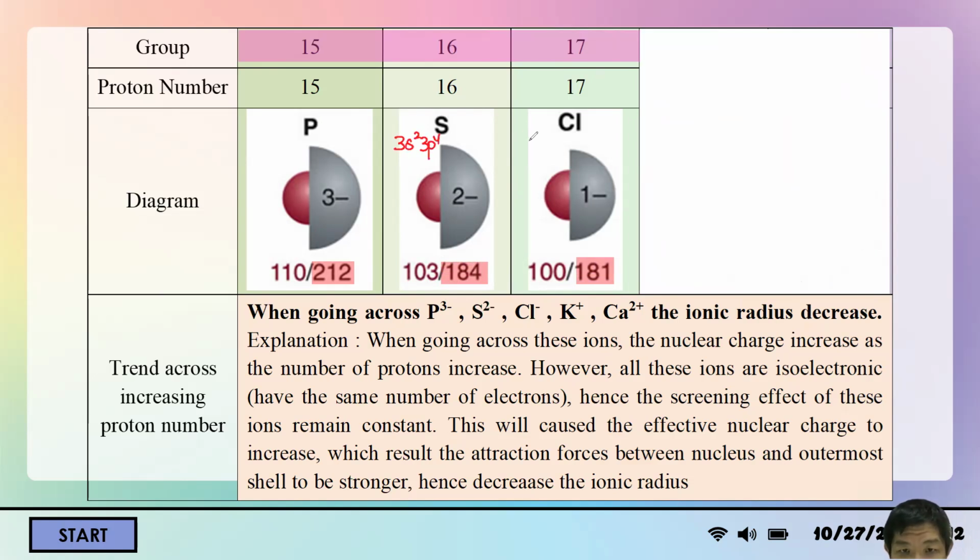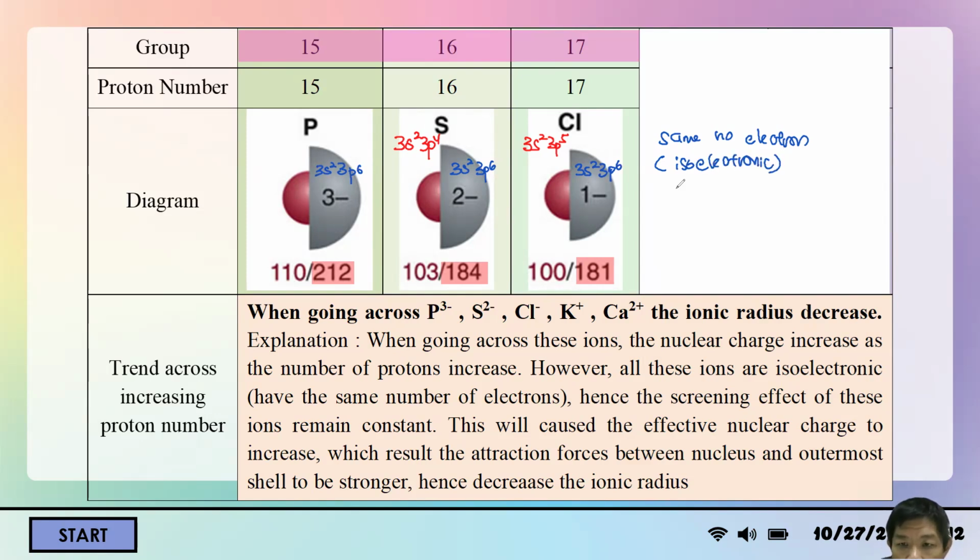Chlorine has the valence electrons 3s2, 3p5. After accepting two electrons, sulfur becomes the sulfide ion with 3s2 3p6. Chlorine accepts one electron to form the chloride ion with valence electrons 3s2 3p6. Phosphide, as we mentioned just now, is also 3s2 3p6. So they have the same number of electrons. For the same number of electrons, we have a special term for it. We call it isoelectronic.